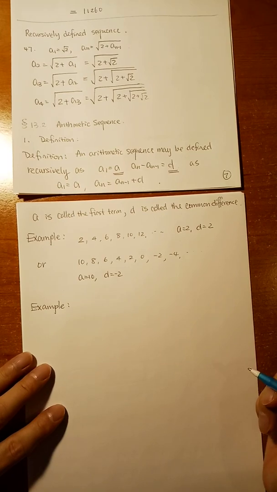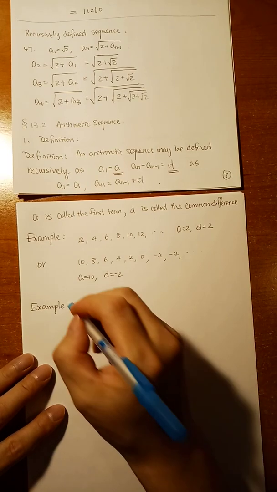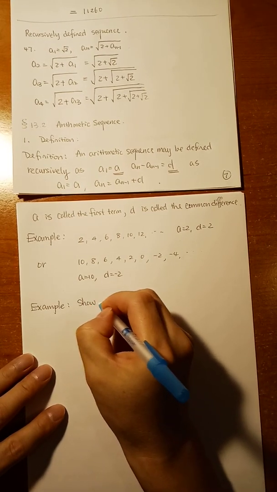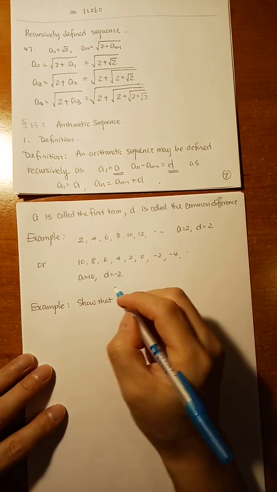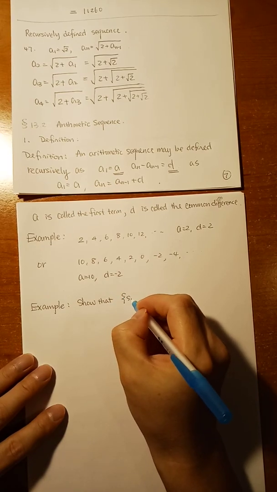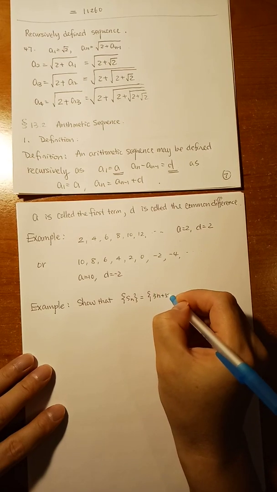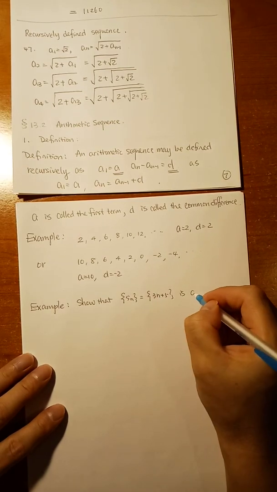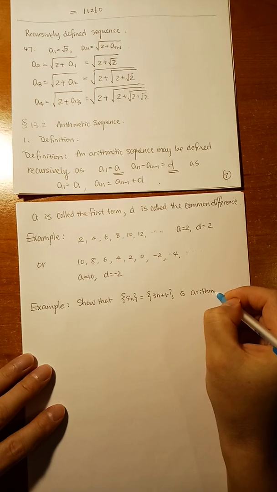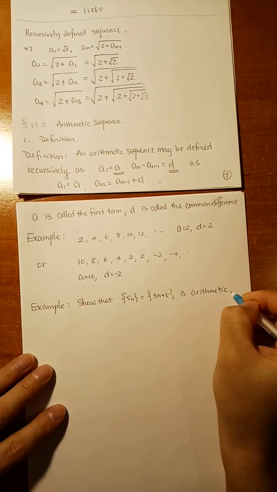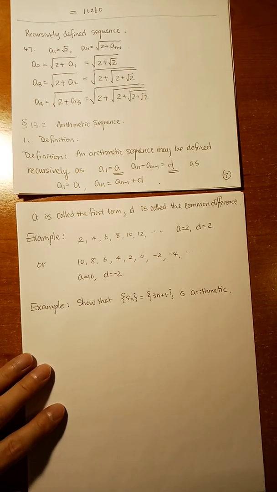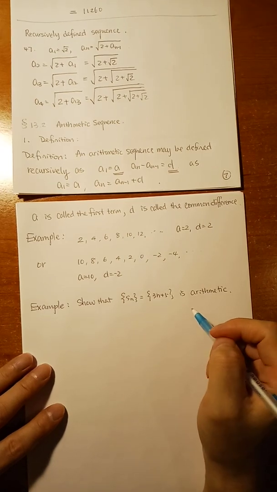How do we know if it is arithmetic or not? For example, show that the sequence Sn which is 3n plus 5 is arithmetic. Show that this sequence is an arithmetic sequence.